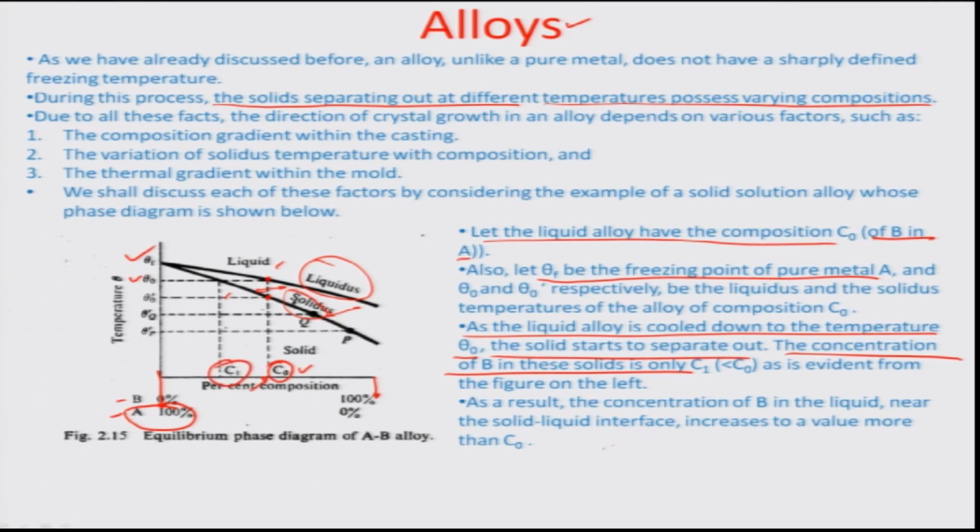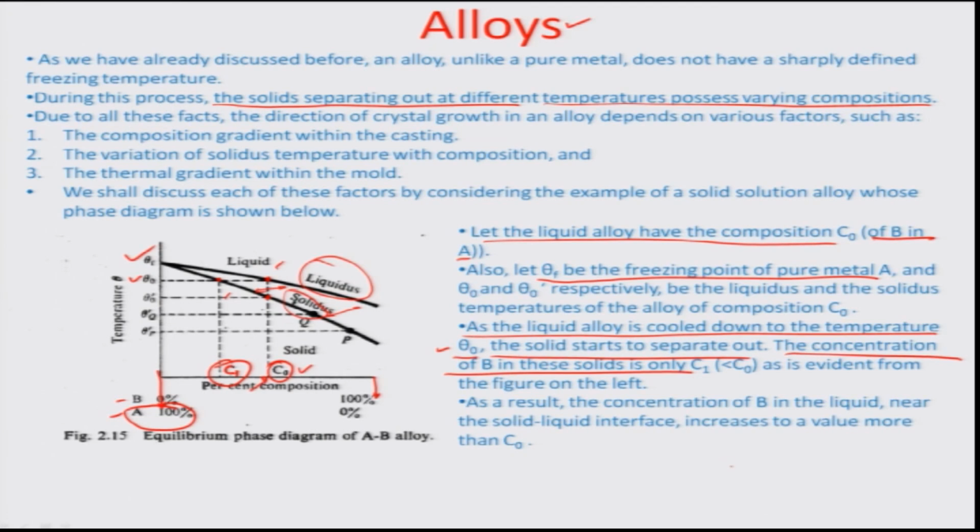So, further cooling of the liquid alloy is done, and as you can see here, the solid would start to separate out, and because now it cannot hold beyond C1 percentage composition in the solid phase.